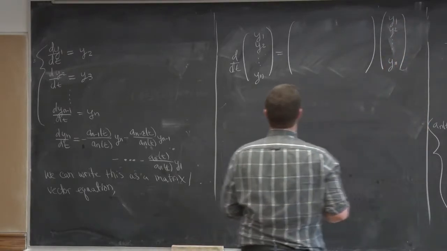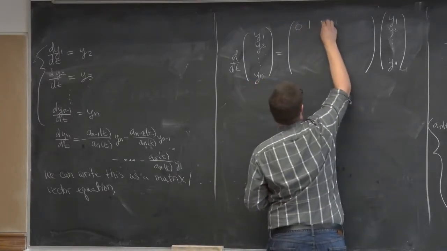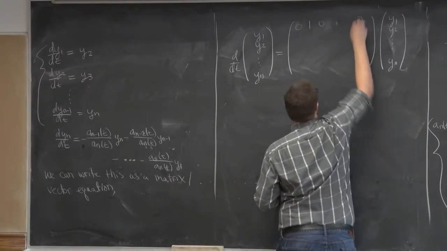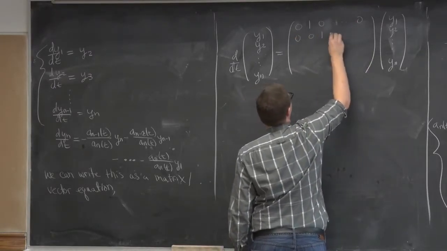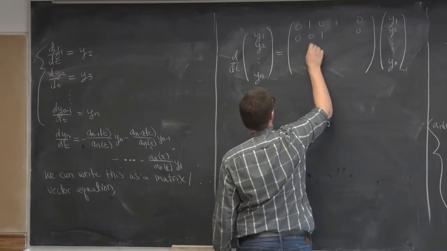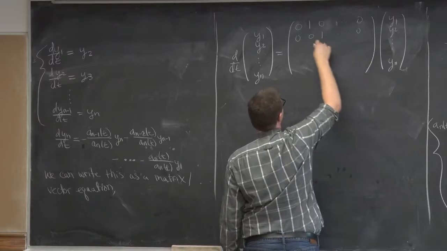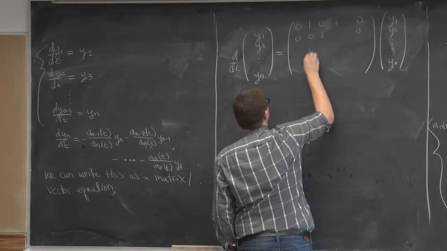So y1 doesn't appear here. So we have something like 0, 1, and then it goes 0 all the way down to zeros like this. 0, 0, 1, like this, zeros. And then it continues down. So it's going to be like a diagonal, but it's above the first block, right? So it continues like this.